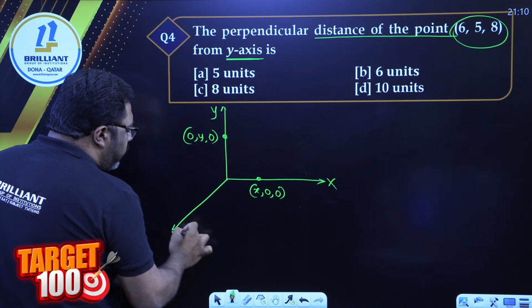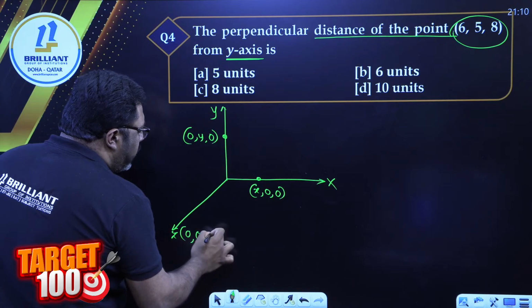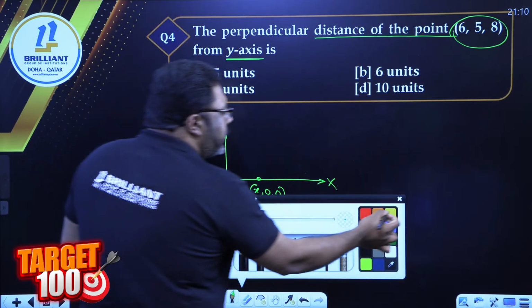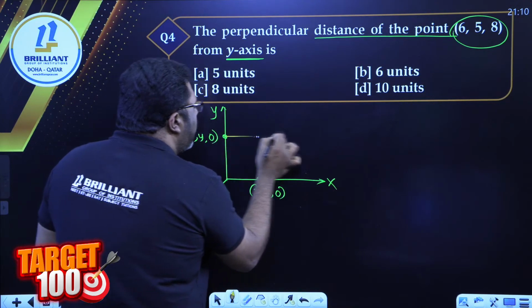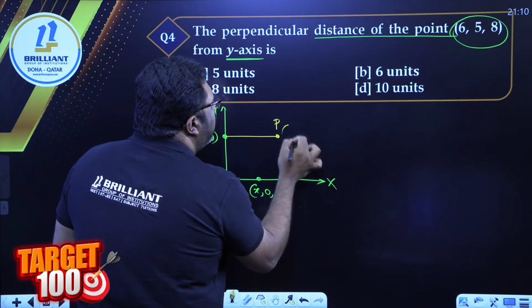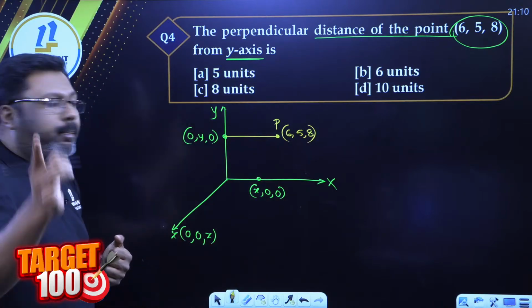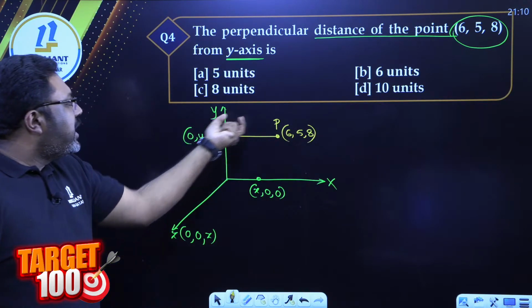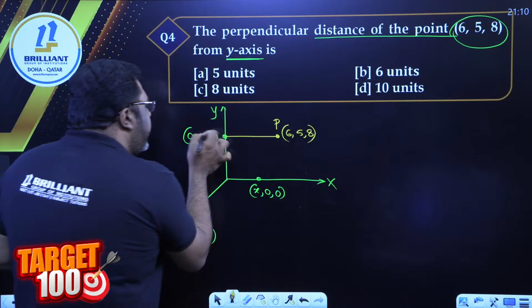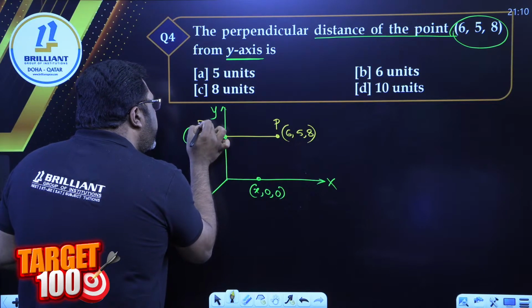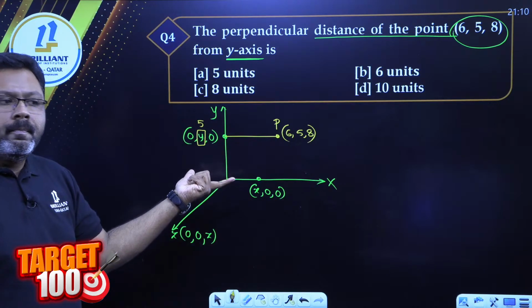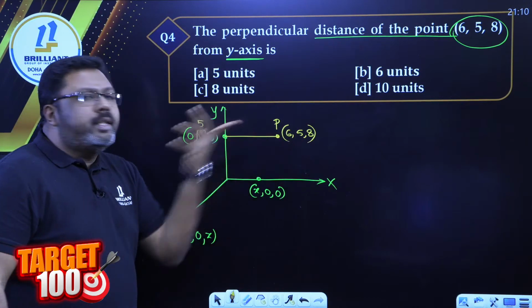For the z-axis, only the z coordinate exists, right? So I'm trying to measure the distance of this point from the point 6, 5, 8. Because 6, 5, 8 is with respect to the y-axis, this y value is also 5.